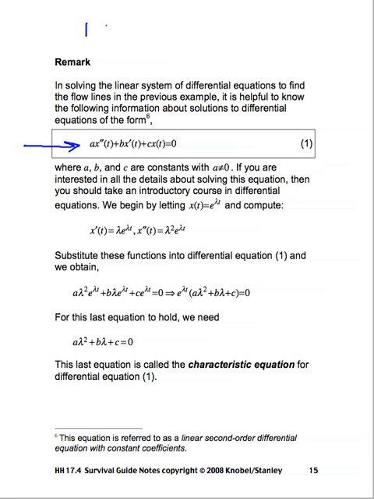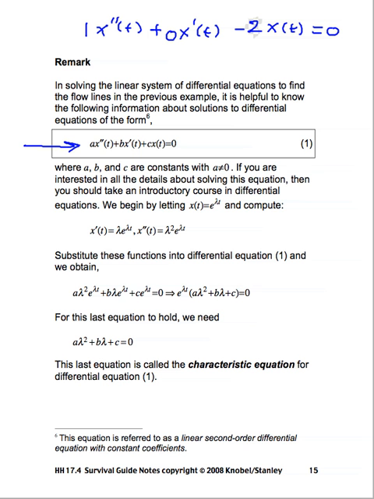It's 1 times x double prime of t plus 0, since x prime doesn't appear in the equation, minus 2x of t equals 0. So that's the form of the differential equation we just left a couple pages back. It has this general form here.